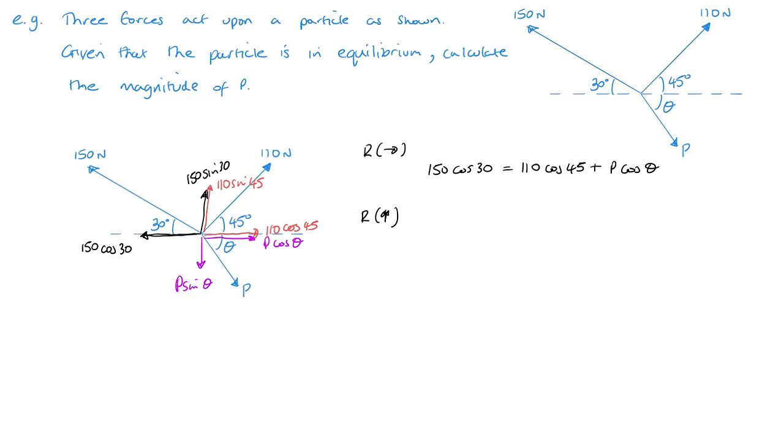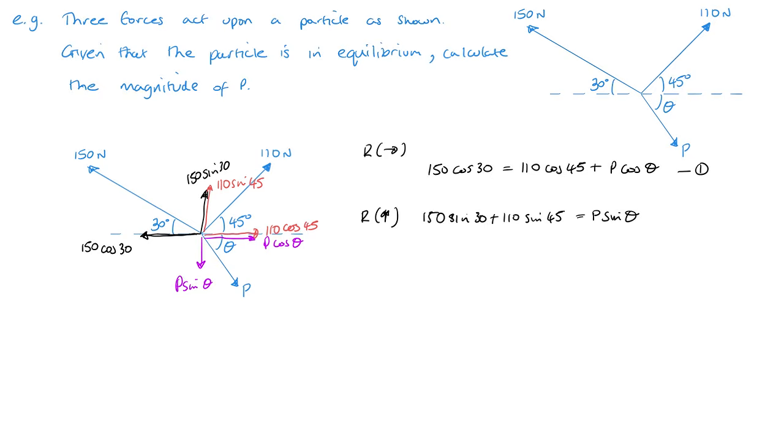Resolving vertically, I get 150 sine 30 plus 110 sine 45 equals P sine theta. So that gives me two equations now with two unknowns.